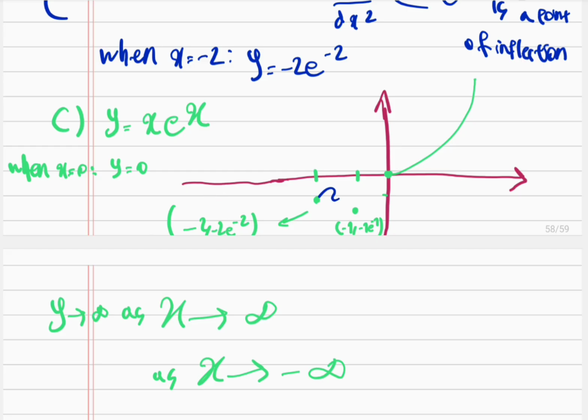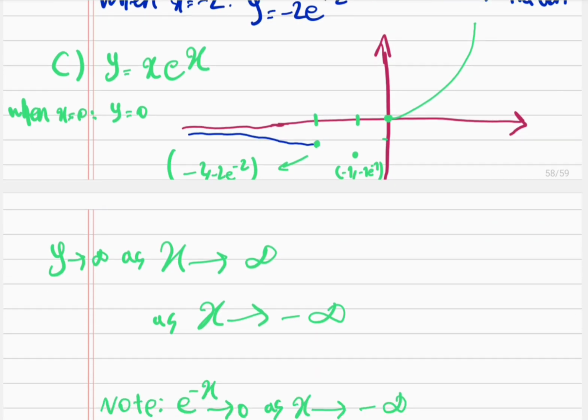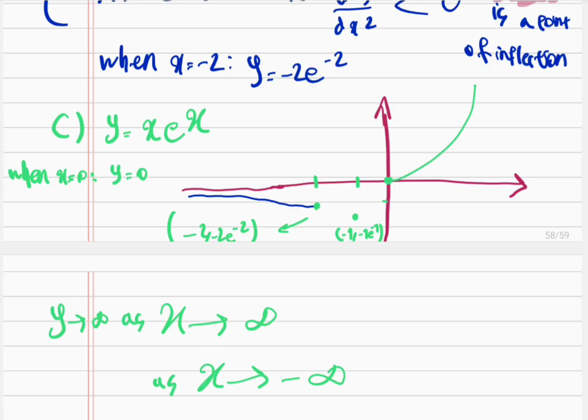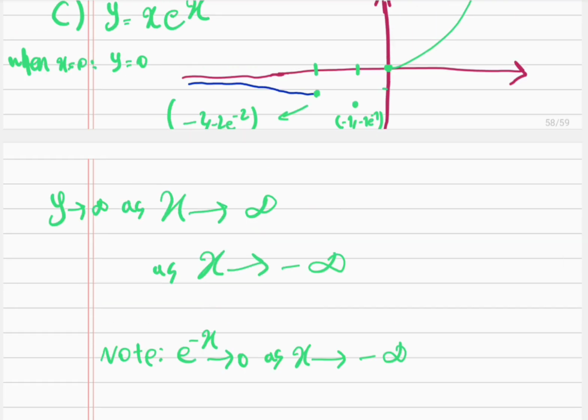So at some point this is going to happen here, like this, right? It happens because we have a negative value of x, but as it increases in magnitude, the whole thing tends to 0 ultimately.